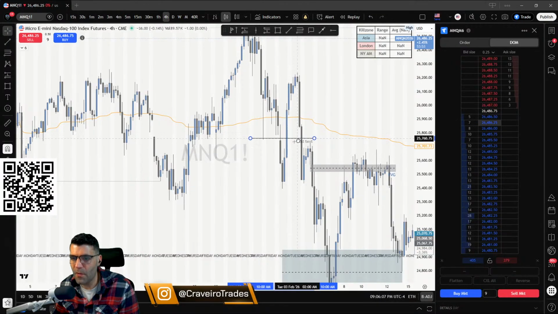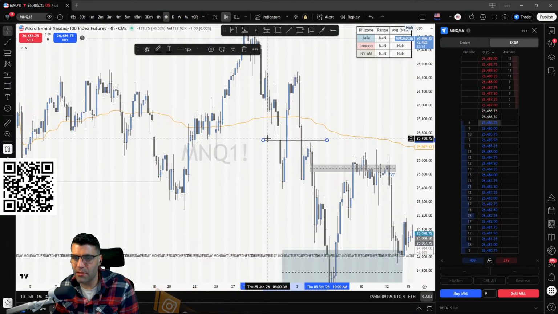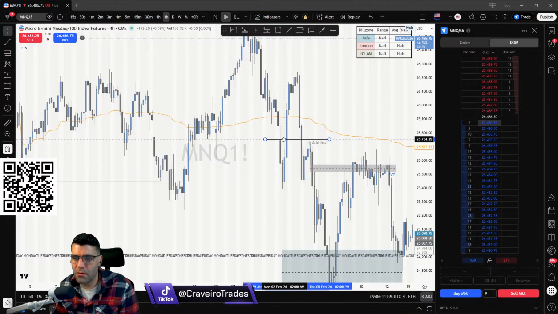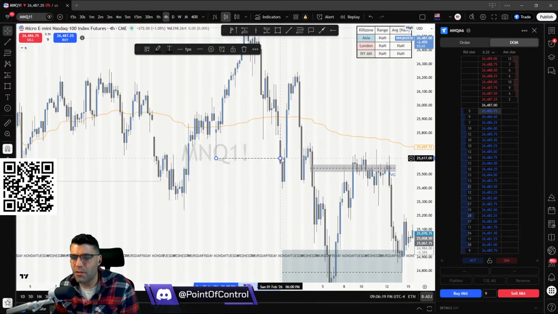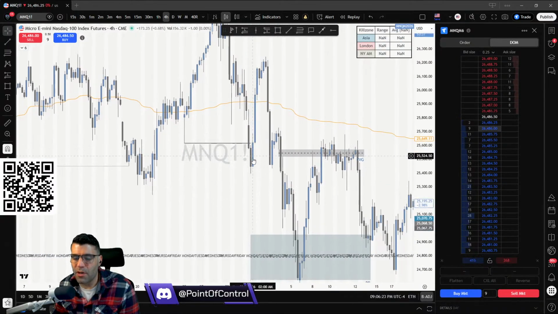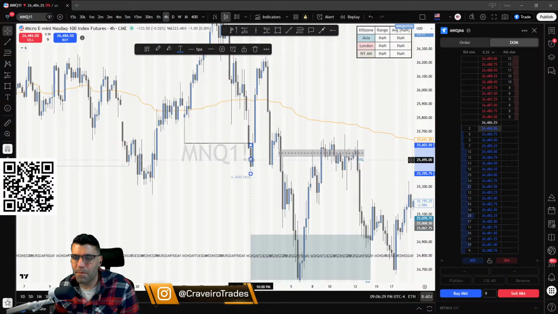Swept liquidity from this low. Punch through. Didn't take this one yet. But this level, we stole liquidity on this deep dig. So that forms a breaker block. Okay.